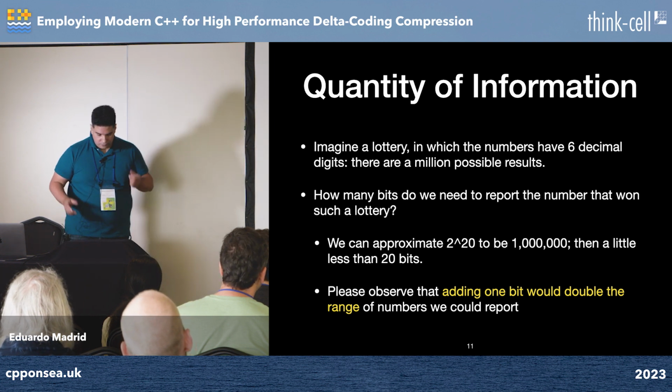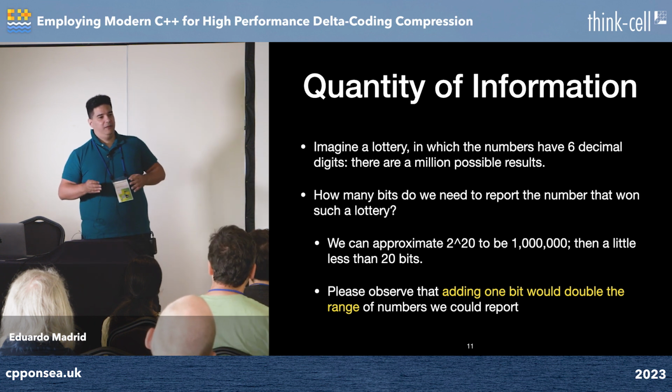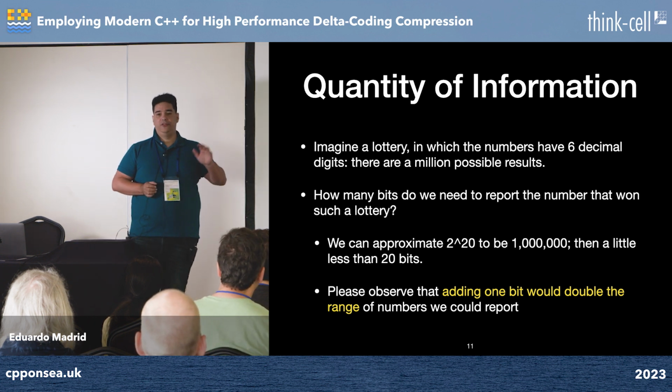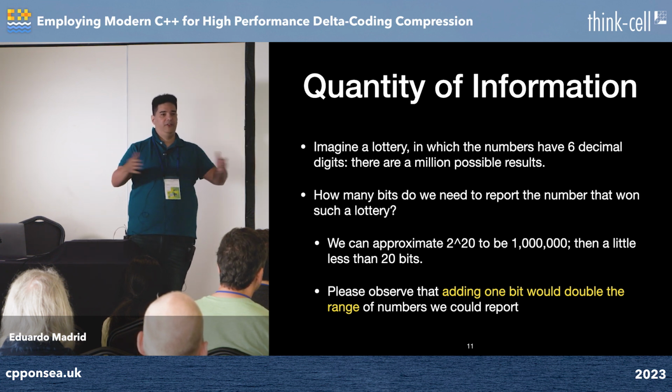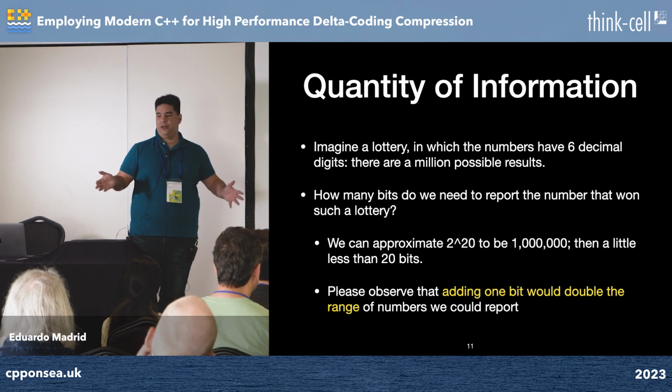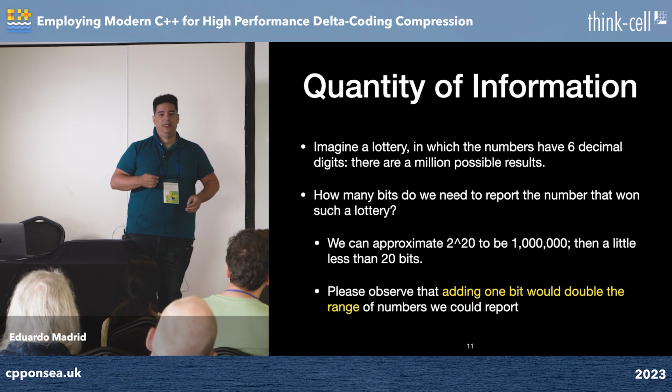So imagine that we have a lottery, where the numbers of the lottery are composed of 6 decimal digits. When the day of the lottery happens and a number gets selected, we have one number.